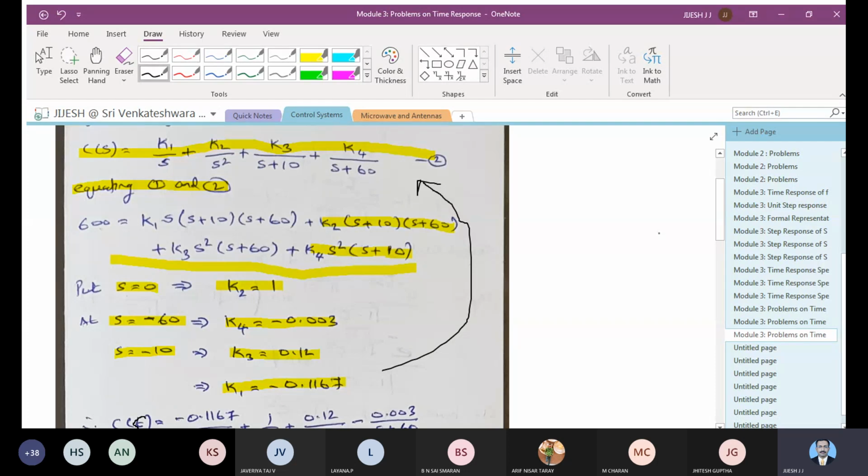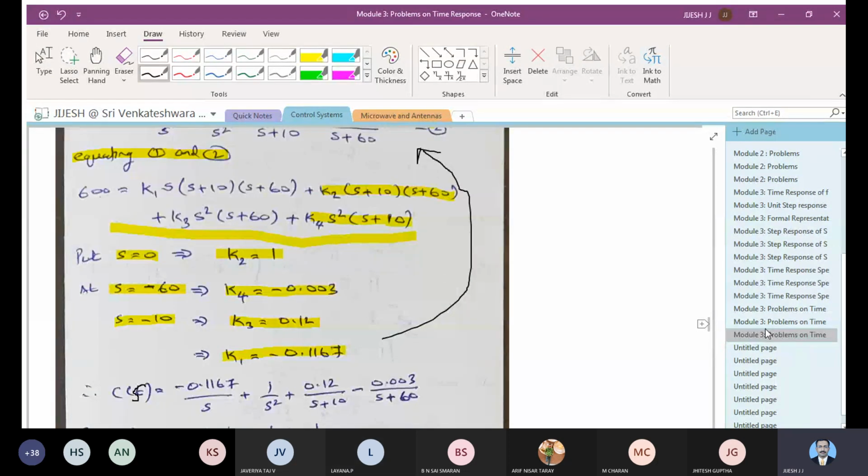Whether you are able to find out k1, k2, k3, k4? Yes, sir. Okay, fine. Then complete it and substitute the values of k1, k2, k3, k4 in equation 2. So I'll get this equation. All of you got C of s? Yes, sir.